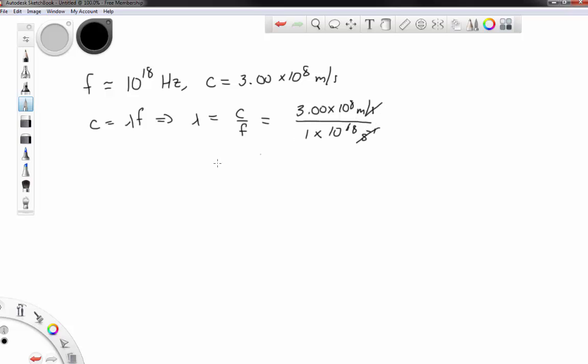So again, the per seconds cancel, and what you end up with is 3 times 10 to the 8 minus 18. So that's 3 times 10 to the minus 10 meters. So our wavelength for an X-ray is actually quite short, less than a nanometer here, about 0.3 nanometers in this case.